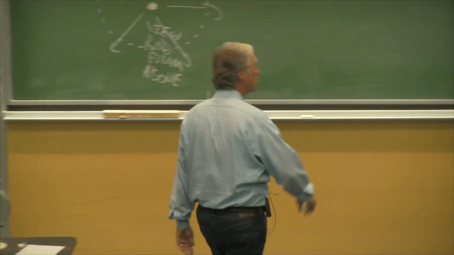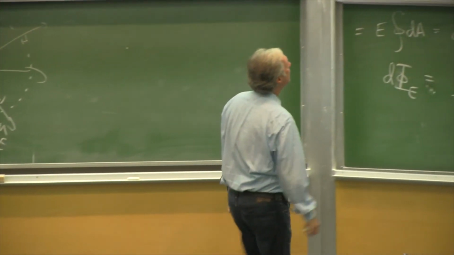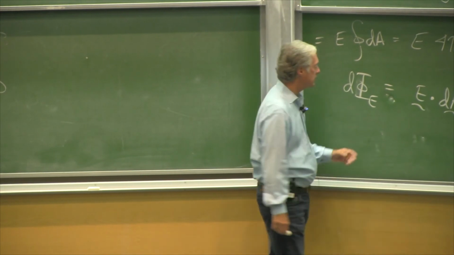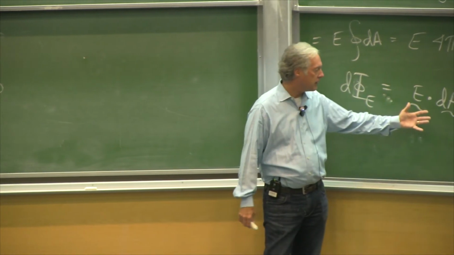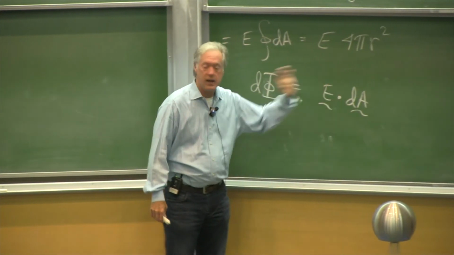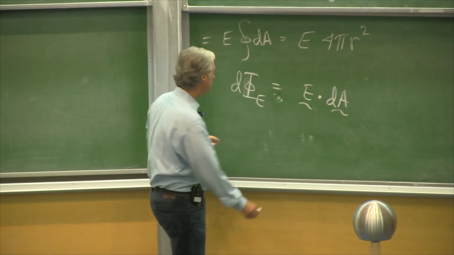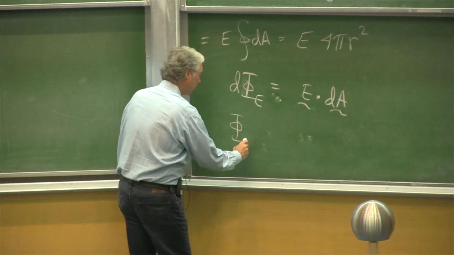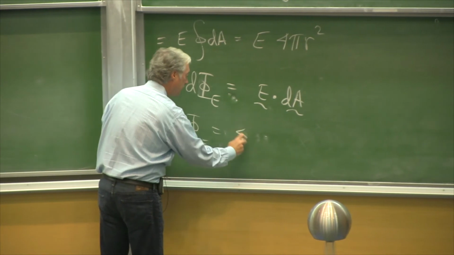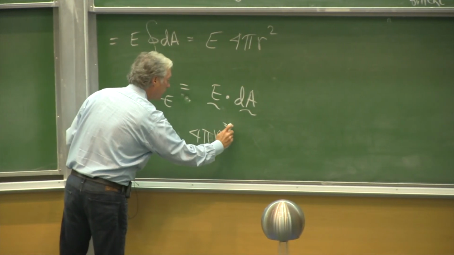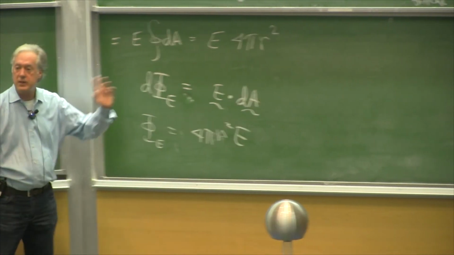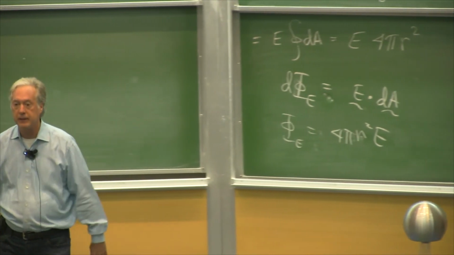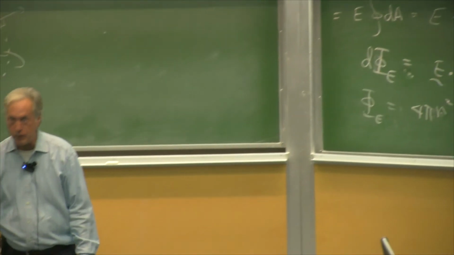I don't know what the countries were when he was around. Okay, so the Gaussian surface is the dashed thing. Our electric flux increments are E dot dAs. And so the total electric flux is 4 pi r squared E for this particular application. Not necessarily for others, but for that one.